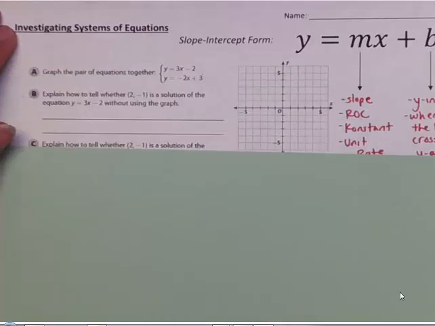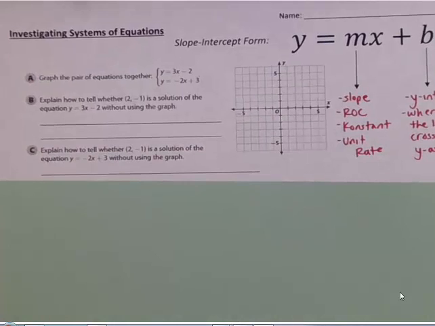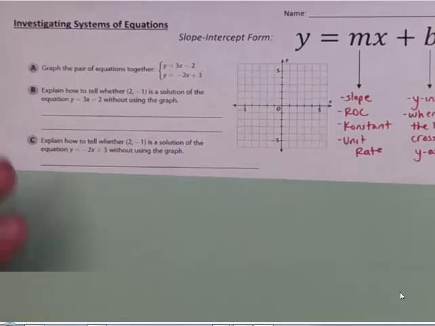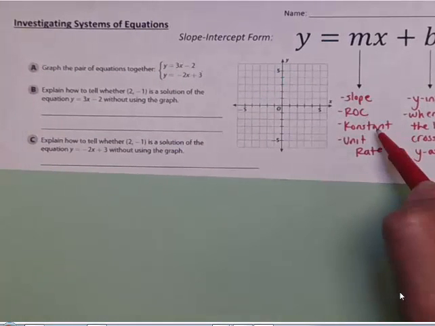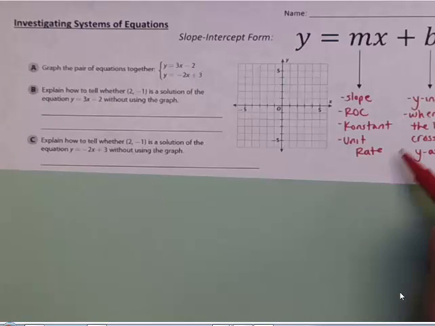Okay, you should have put, for the m, it is our slope, it's our rate of change, which is our rock, our constant, and our unit rate. The b is our y-intercept, and that's where the line crosses the y-axis. So whenever we plot it, wherever it crosses the y-axis is going to be our b.